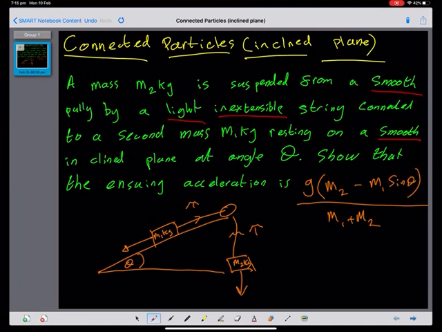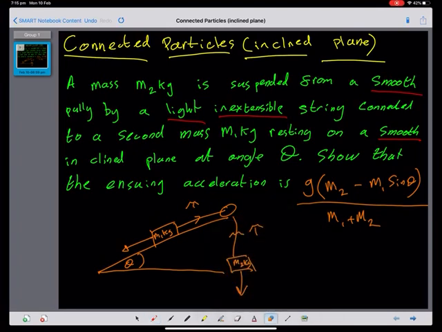Show that the ensuing acceleration is g(m2 minus m1 sine theta) over m1 plus m2. I've had a go at this, so let's look at the solution.